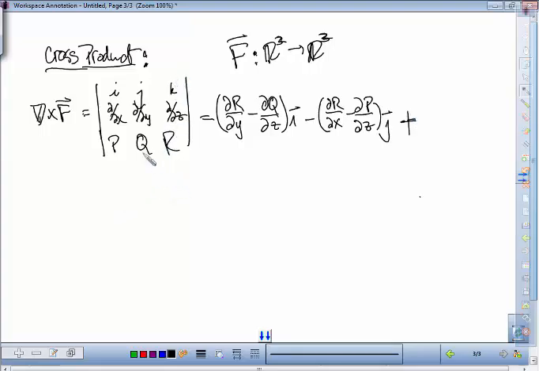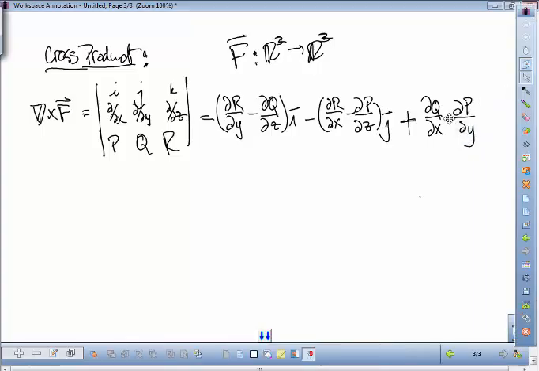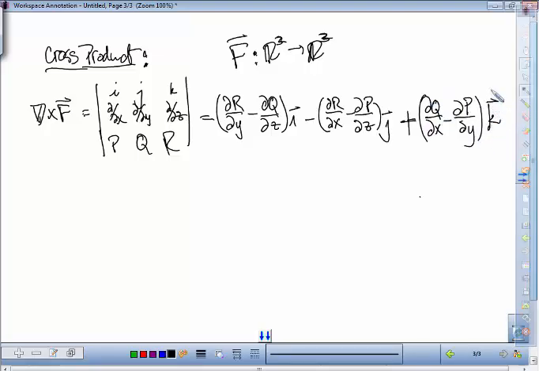And then in the k component, partial of q with respect to x minus partial of p with respect to y. There's a minus sign here. That looks complicated. Now that's it.